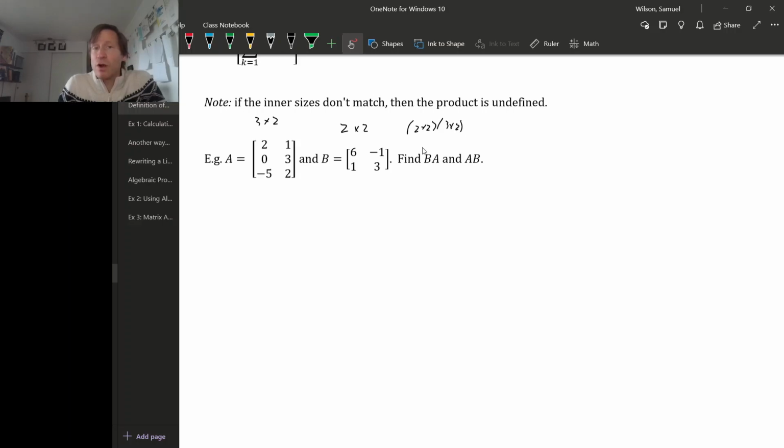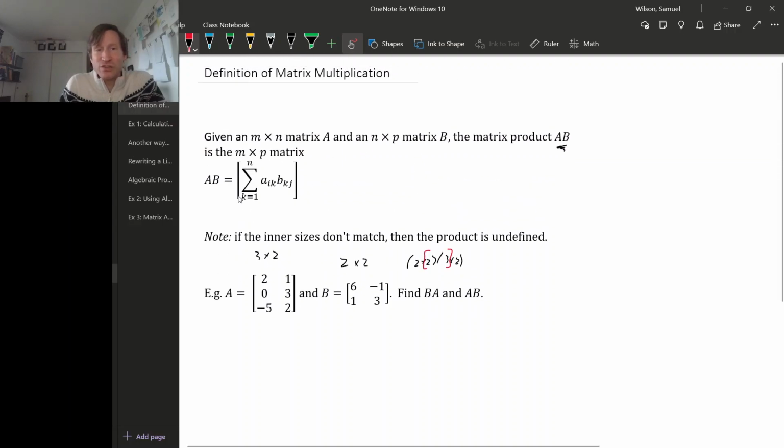And remember, for a matrix product to be defined, these inside sizes have to match, because for this sum from 1 to n to make sense, since this index shows up in these two places, there had better be the same number of things when this index goes from 1 to n.